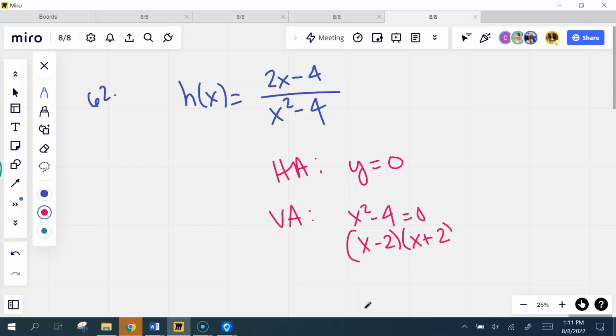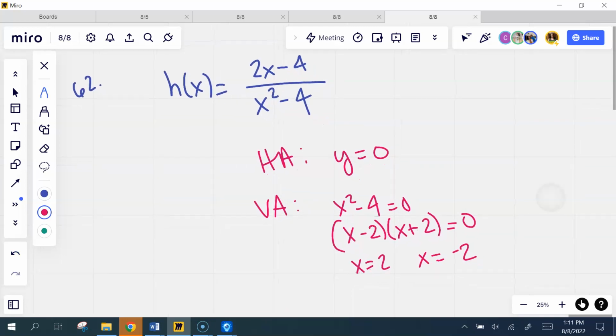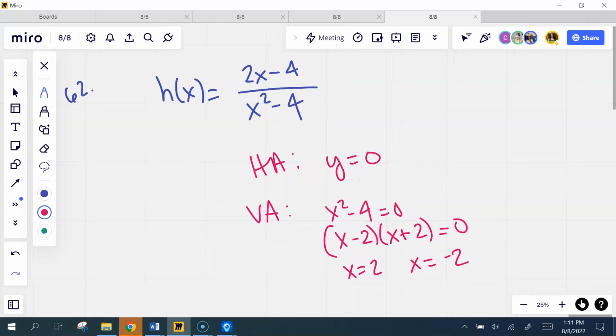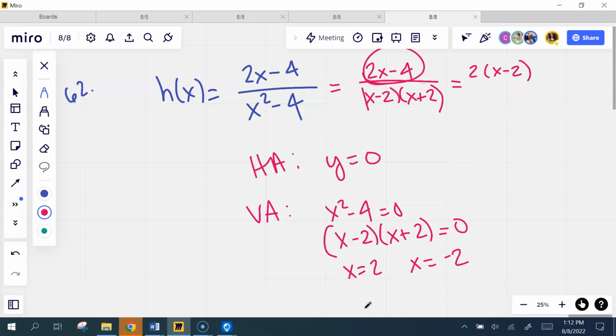I'm just going to do the difference of 2 squares here, and I'm going to show you why in just a second. Are those both vertical asymptotes? Sure? What cancels? If I have 2x minus 4 over x minus 2, x plus 2, this is this, yes?